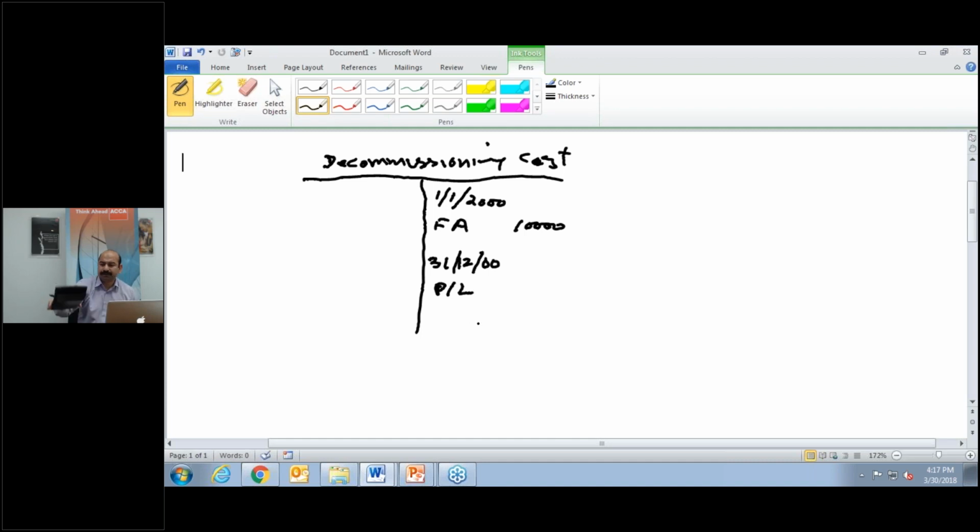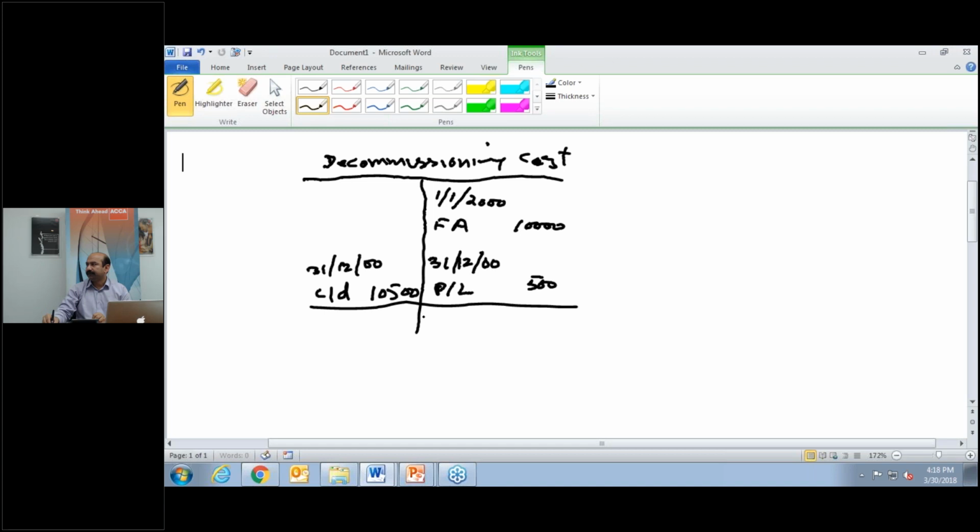It comes to 500, and the closing balance on 31st December 2000 is 10,500.